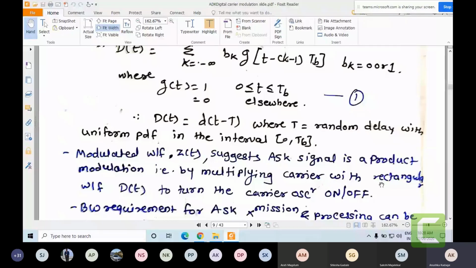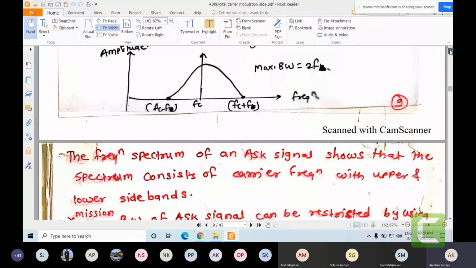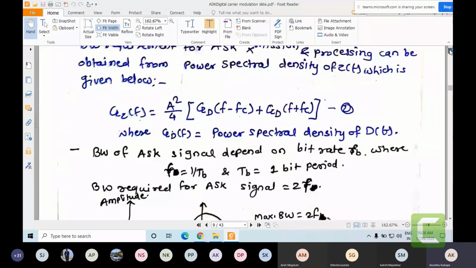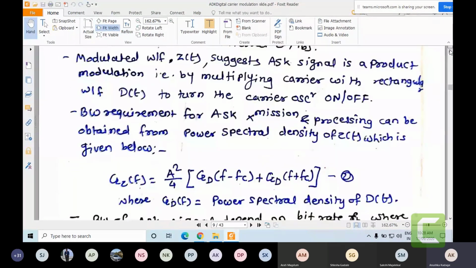And that's why here we can see that the bandwidth which is going to happen for the ASK modulation is dependent on the value of a square divided by 4 GD of f minus fc plus GD of f plus fc, where this GD of f represents the power spectral density value of the DT signal, because DT signal existence is going to give us the presence or absence of ASK modulated output.